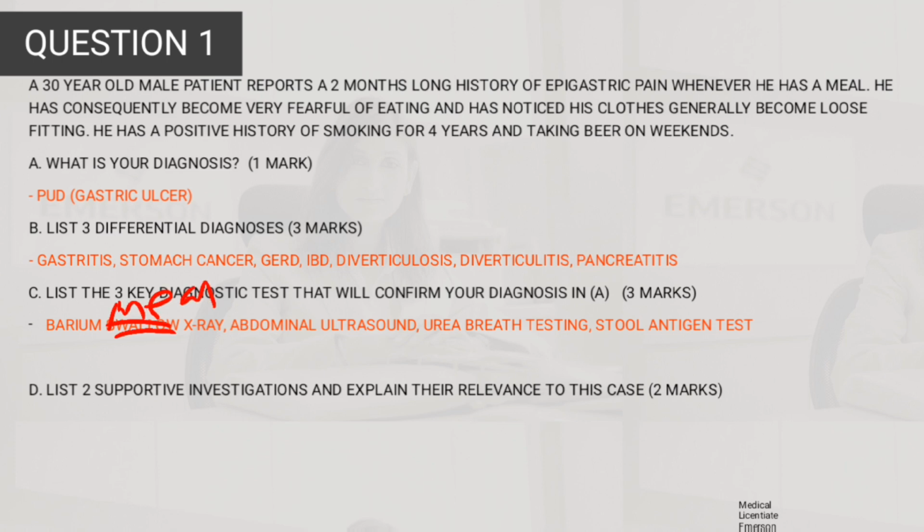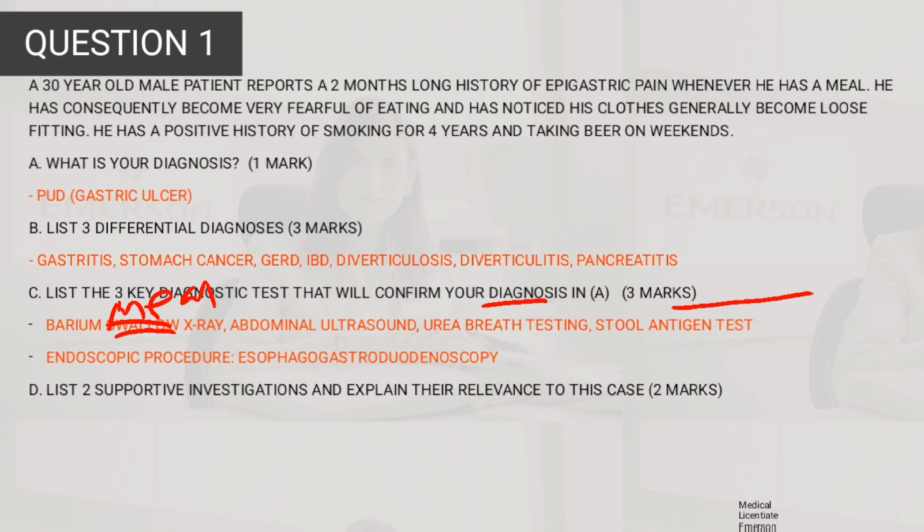Then abdominal ultrasound if you want to rule out other things, not a confirmatory diagnosis. Then urea breath testing is one of the confirmatory diagnoses, and stool antigen tests for H. pylori. So here we have barium meal X-ray, it's confirmatory. Urea breath test, confirmatory. Stool antigen, confirmatory as well.